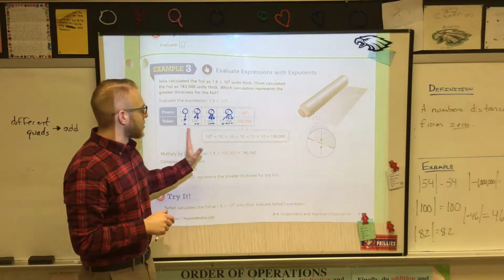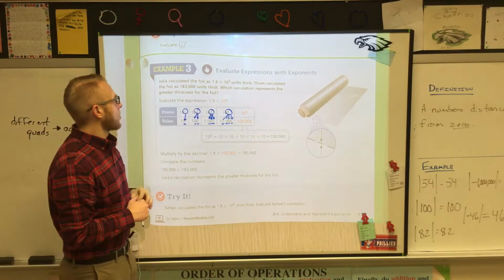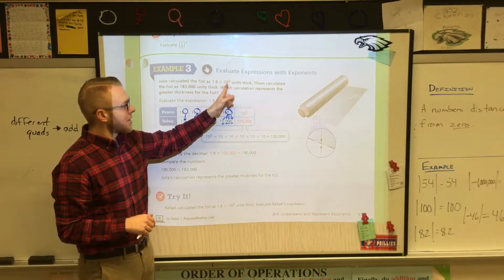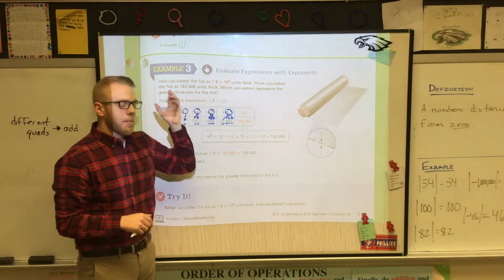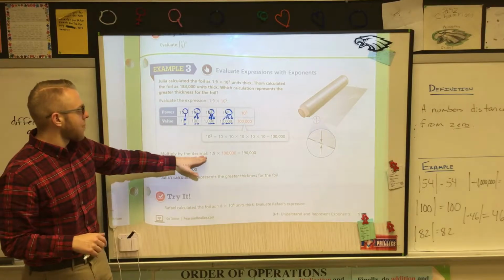So that's a really important understanding because it helps us evaluate this type of problem, where we are given an exponent, a base, and it's being multiplied by another value. So in this example, you can multiply by the decimal.